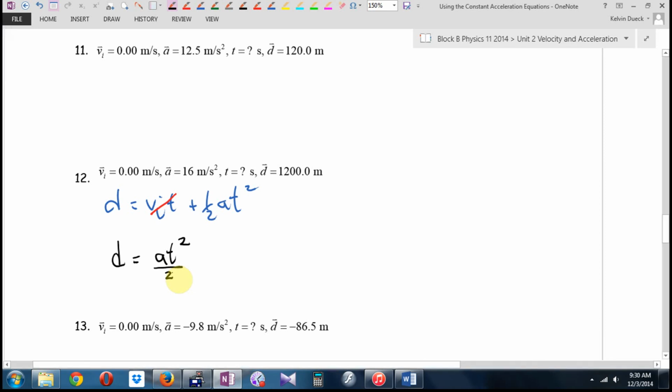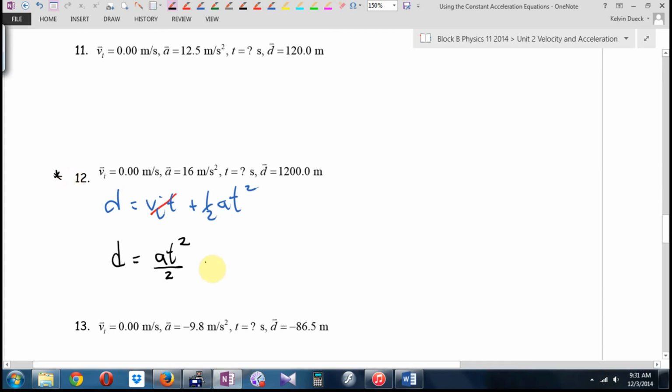We're going to be using this one an awful lot, so you can even put a little star next to this particular trick. We're going to be solving for time using this equation very, very often. What did I say we're solving for? T. What else is next to the T? How would I move it over? Divide. What else is on the same side as the T? A 2. How will I move it over?